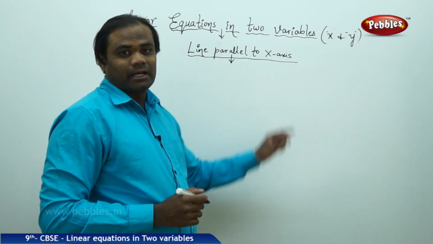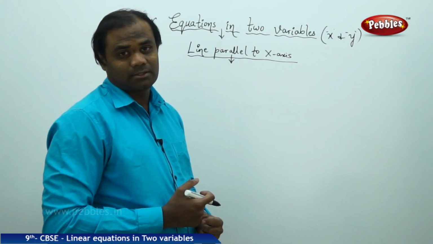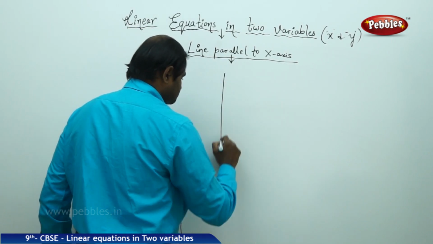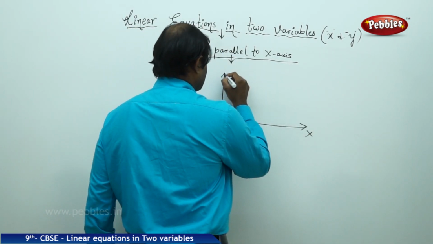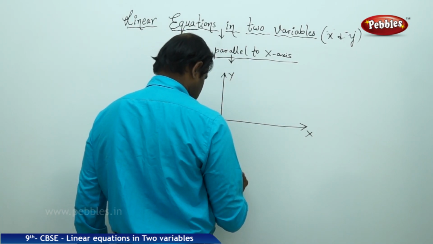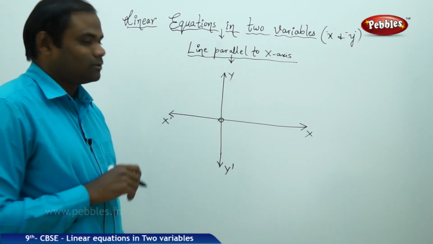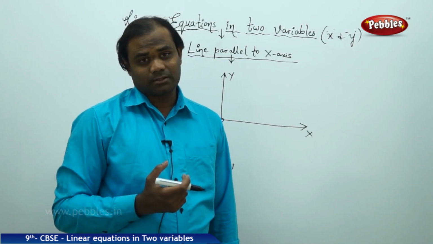Let me take a Cartesian plane to investigate a line parallel to the x-axis and its respective form. So I take the x-axis and the y-axis and the origin. Now let me take a line which is exactly parallel to the x-axis.